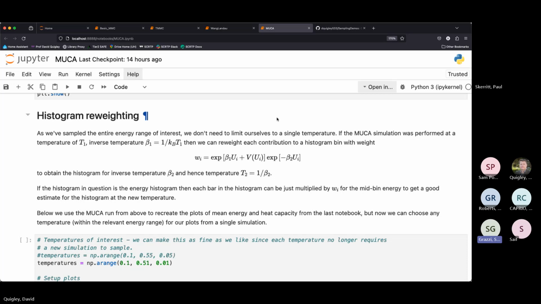If I just ran a standard simulation, I'd be stuck in one of the modes.